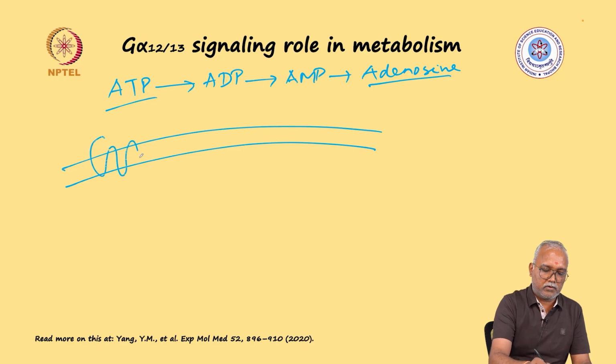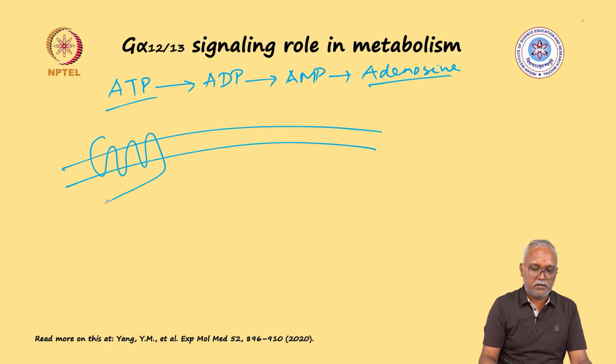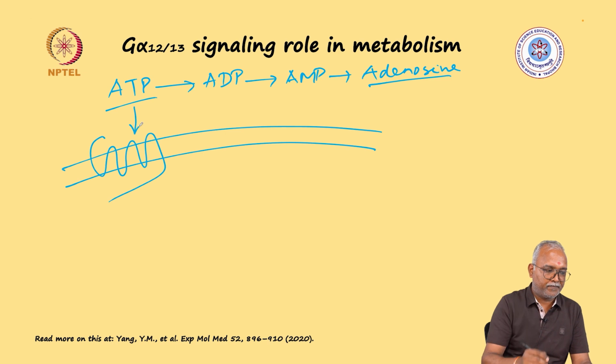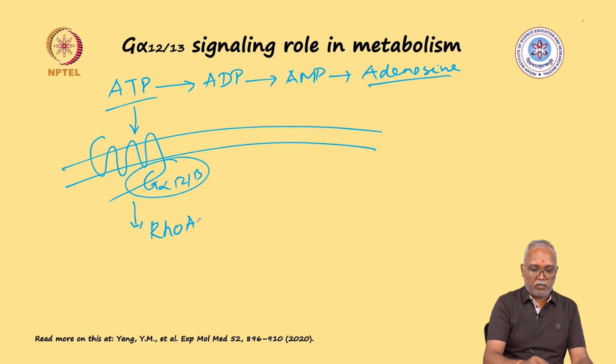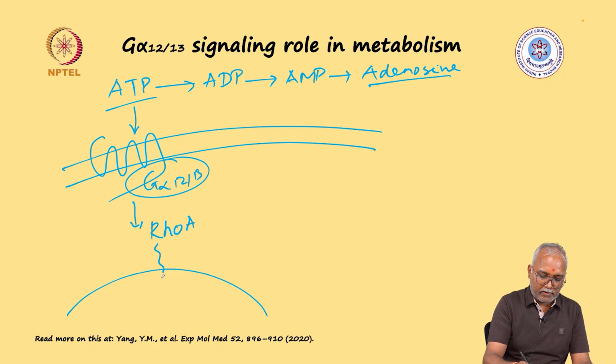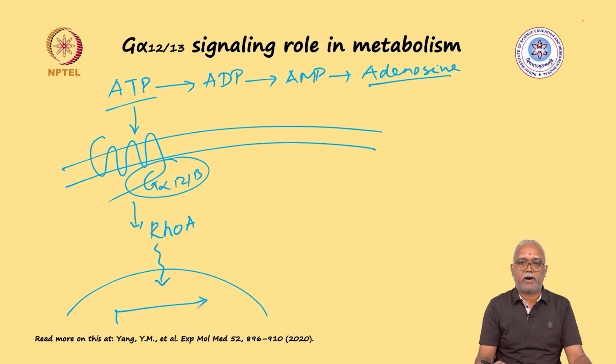If this is my receptor which binds to ATP, it will work through G alpha 12 13 and activate the RhoA GTPase. What this RhoA GTPase will do is ensure that relevant signaling continues and the right set of transcription factors are activated to transcribe a set of genes.